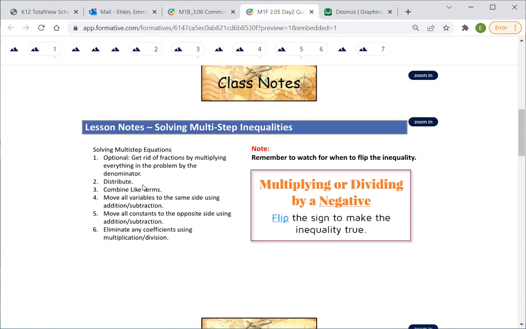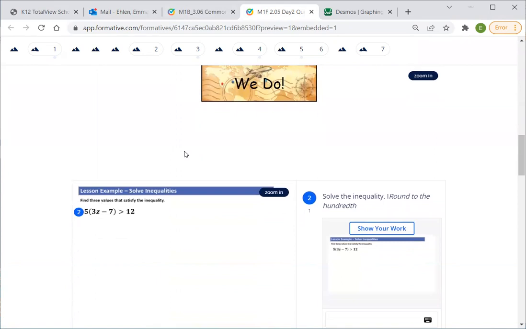We have to distribute, combine like terms, move all the variables to the same side using addition and subtraction, combine all the constants using the opposite operation, and then eliminate the coefficient by using multiplication and division. So those are all of our steps for solving multi-step equations. Again, they are going to be our steps for inequalities.